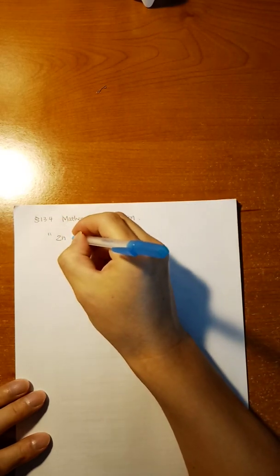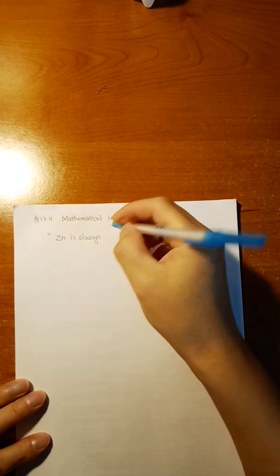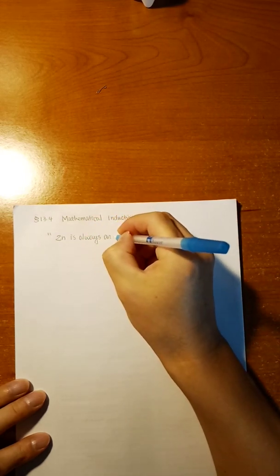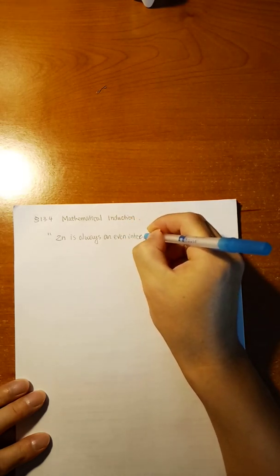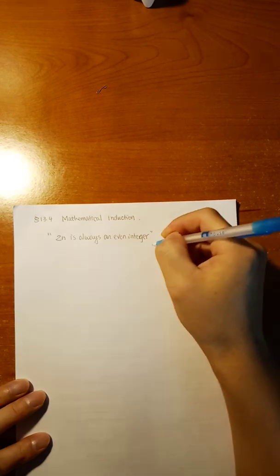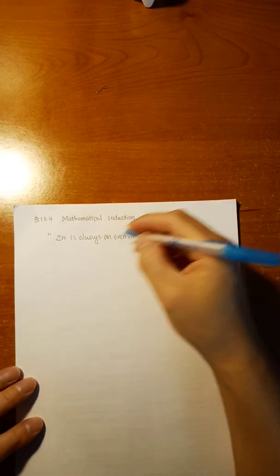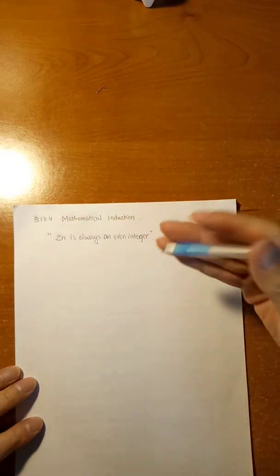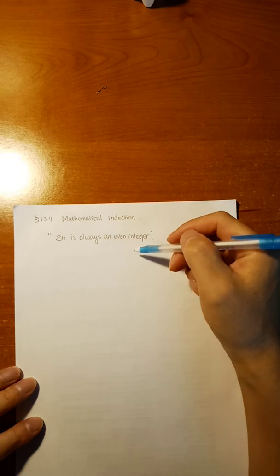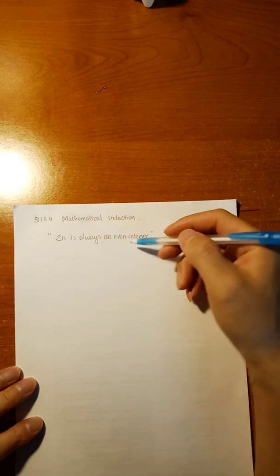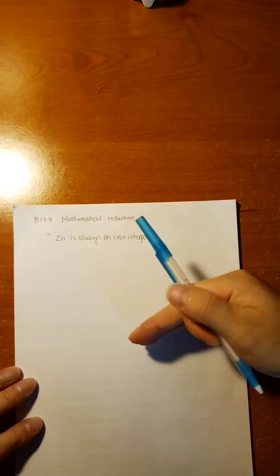2n is always an even integer. Okay, so this is one statement. This statement actually contains infinitely many statements. When n is 1, you say 2 is an even integer. When n is 2, 4 is an even integer. When n is 3, 6 is an even integer.